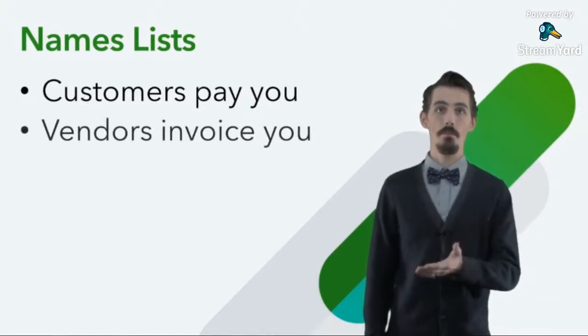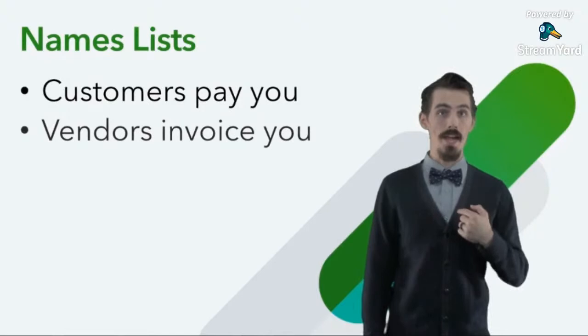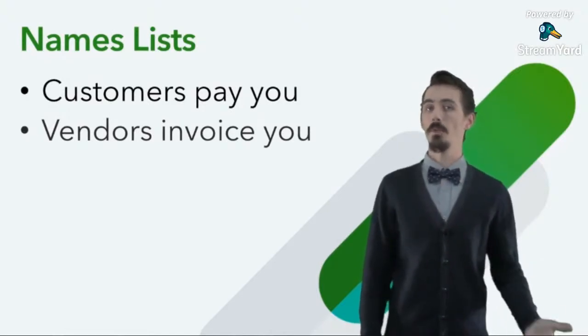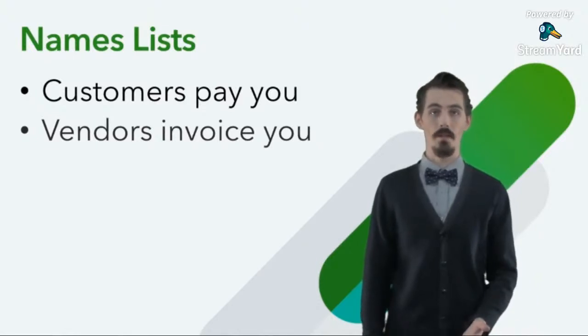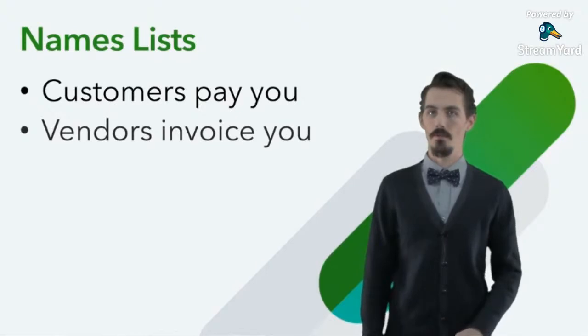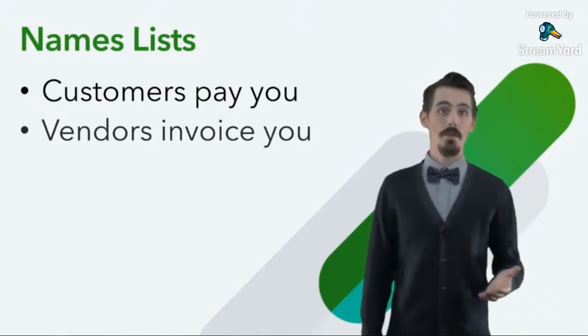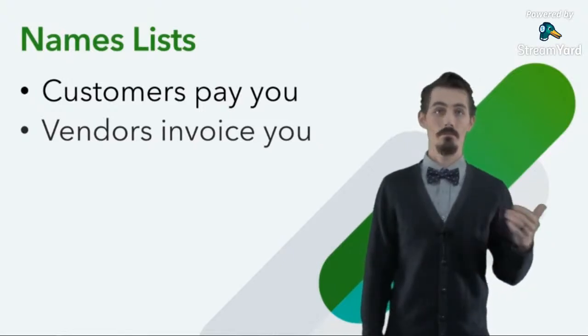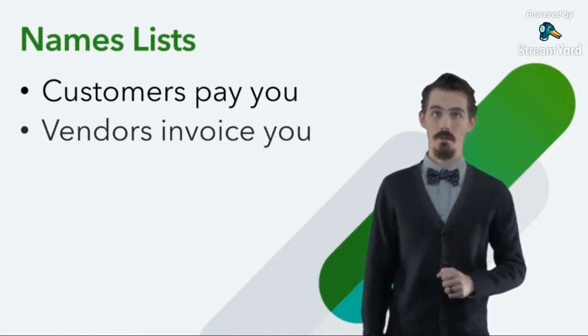Vendors are the people and businesses that you pay for their products and services. You might call these people suppliers or even service providers, but again, in QuickBooks, they're all called vendors. If the owner of your business ever needs to put money into or take money out of the business, you might even set them up as a vendor.